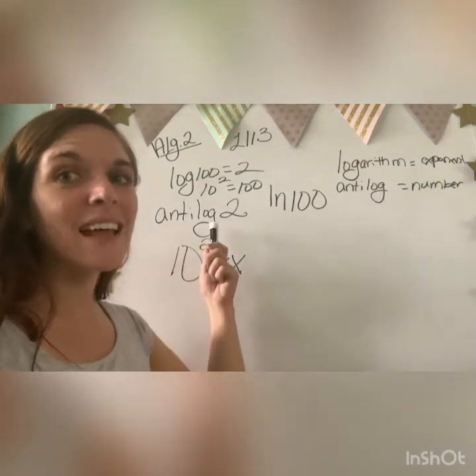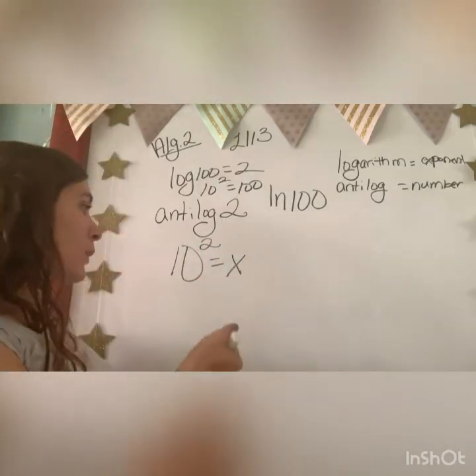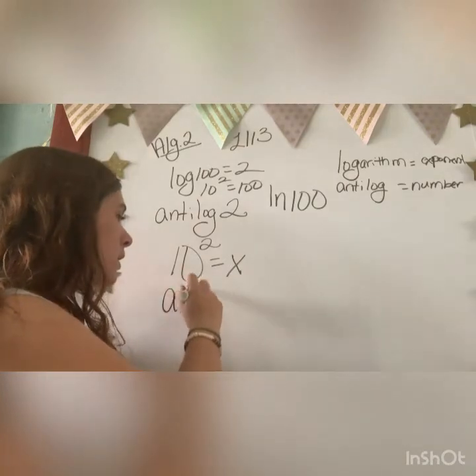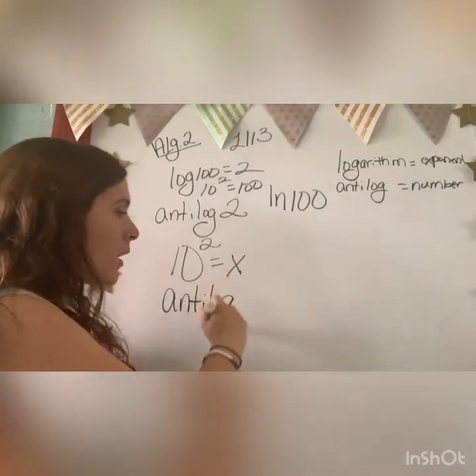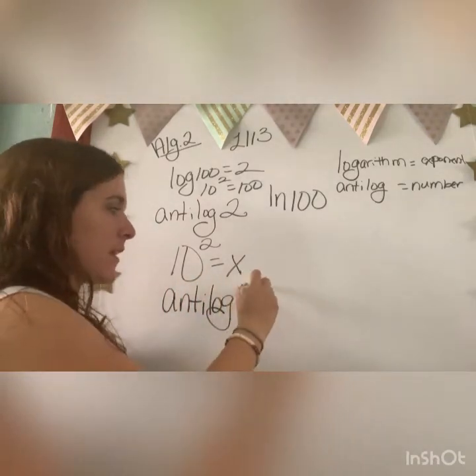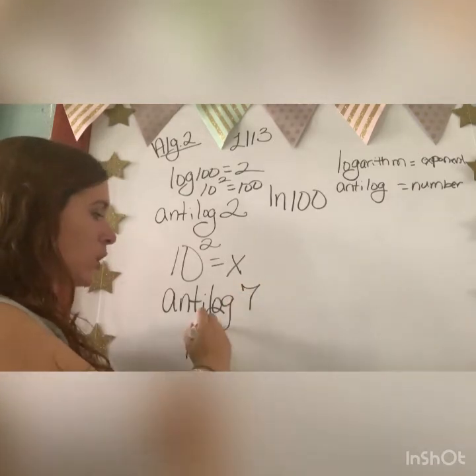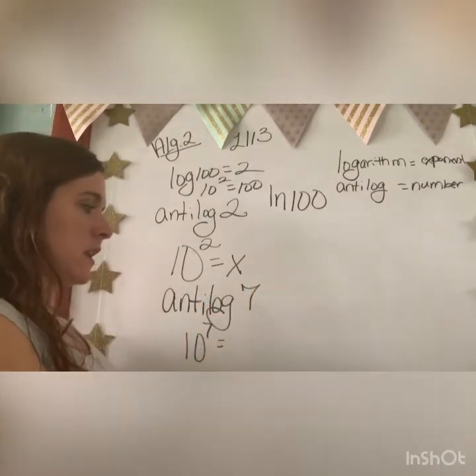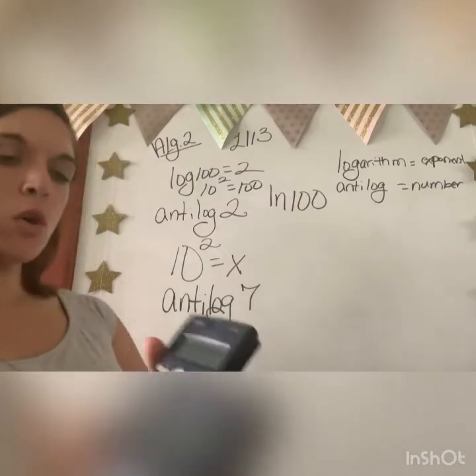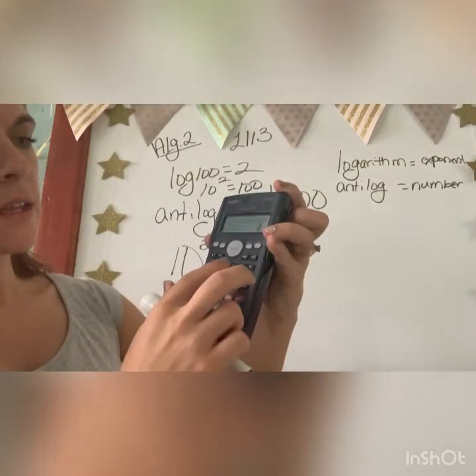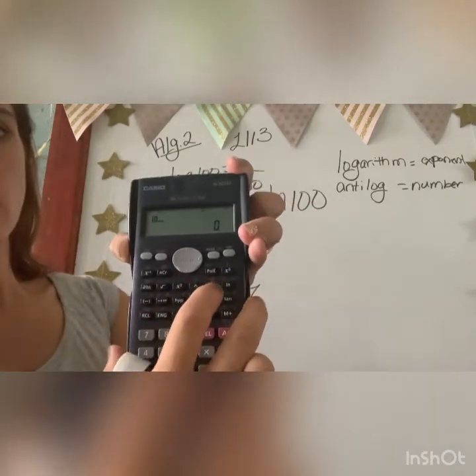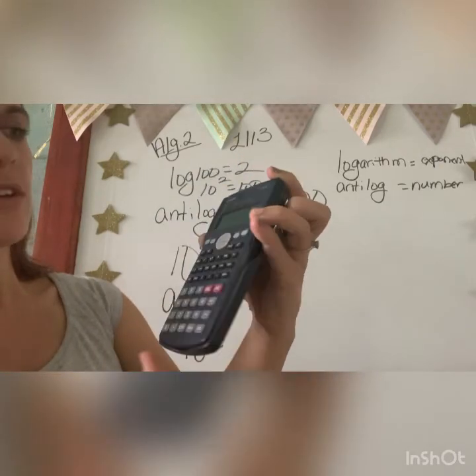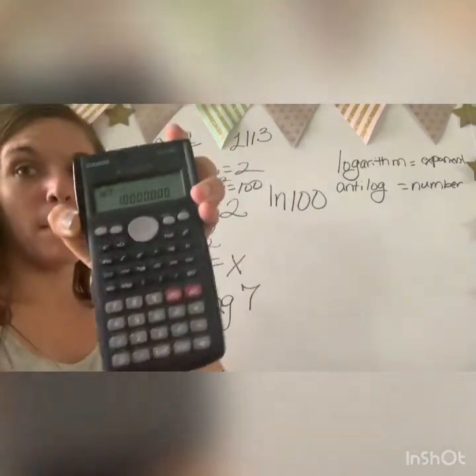That's the anti-log of 2. So if we want to do the anti-log of 7, what are you really doing? You're doing 10 to the 7th, which means that you can do shift, log, 7, and your answer is 10 million, okay?